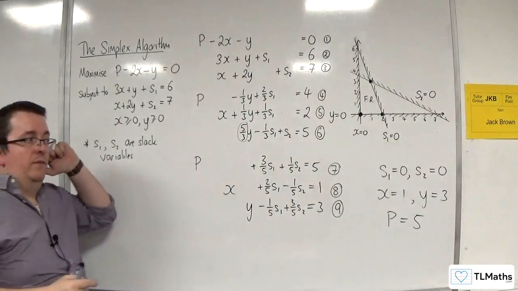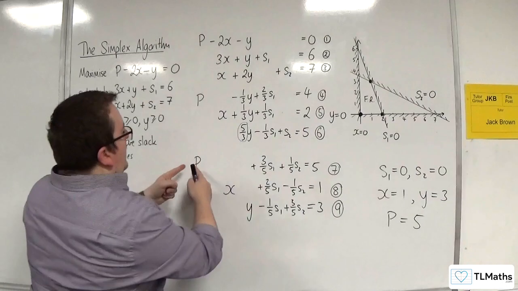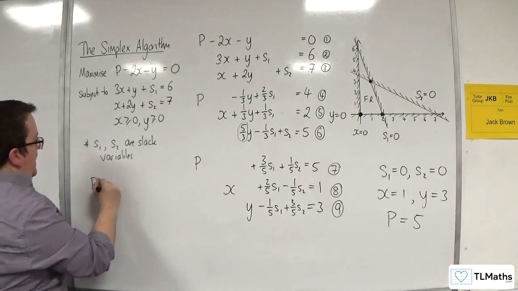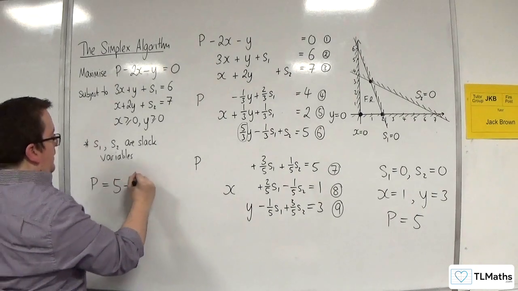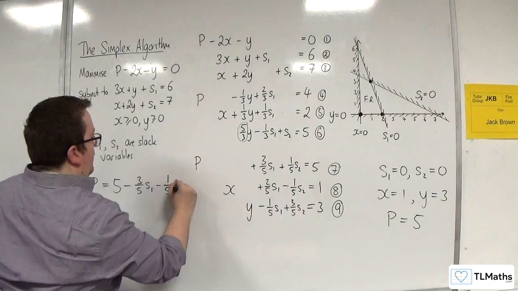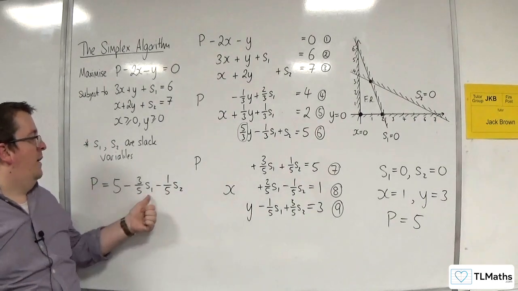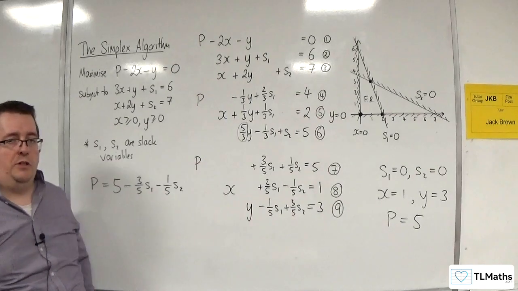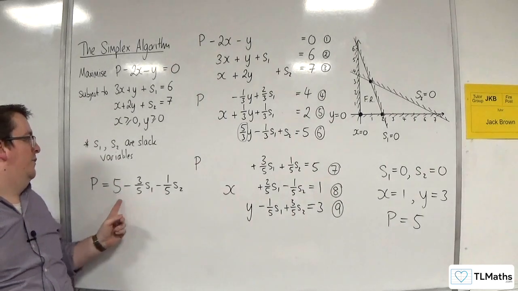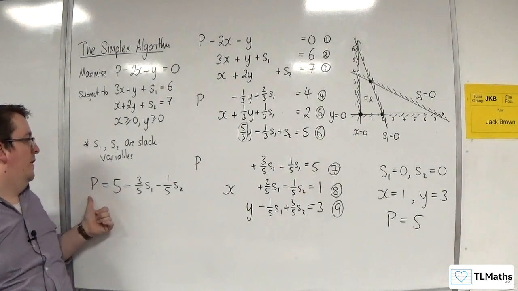Now, is that the optimum solution? Well, if you take that top row and rearrange it to get P is equal to 5, take away 3/5 S1, take away 1/5 S2, then you can see that if I increase S1 or S2, my p-value is going to decrease. It's going to be lower than 5.